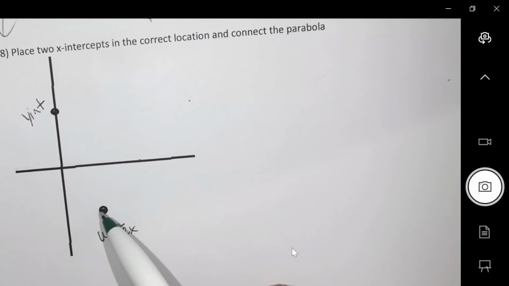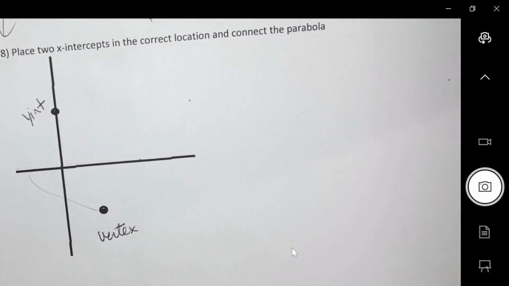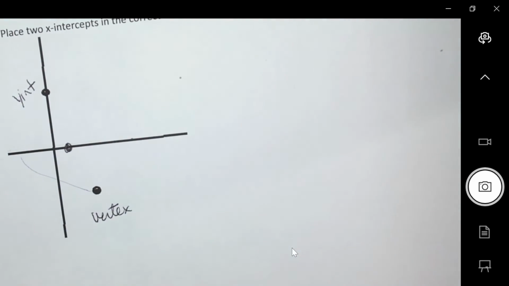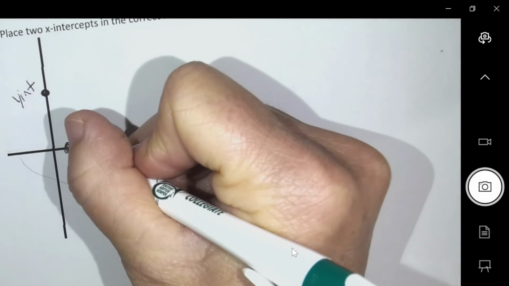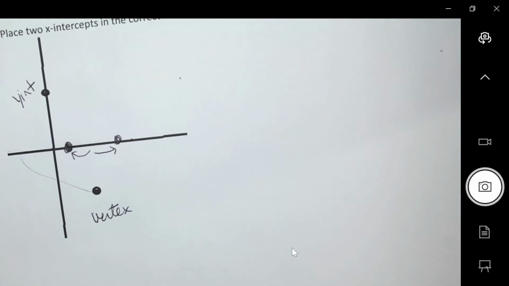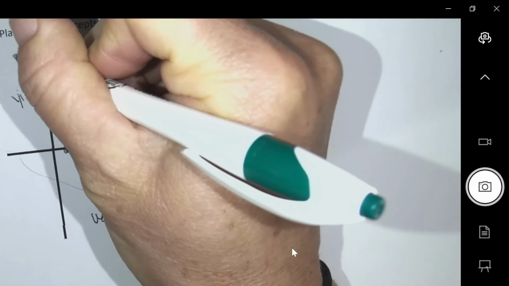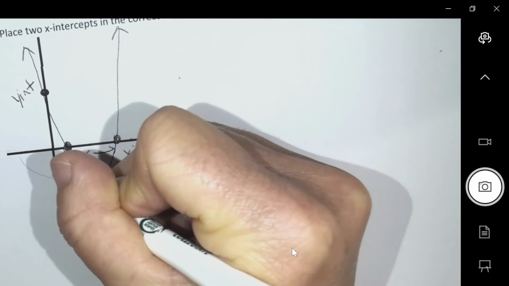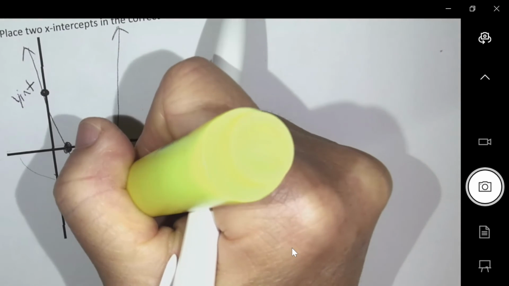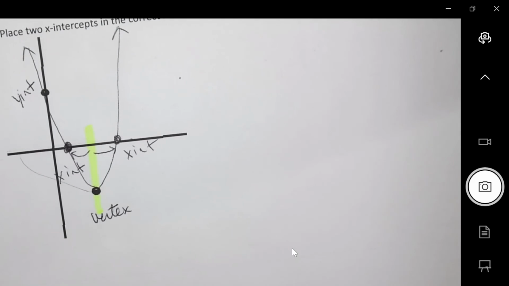Not really, no, because it would have to be right in the middle between the y and the vertex. Yeah, pretty much. Okay, so if I put that there, I have to put the other one at the same distance on the other side. Okay, so again, there's that central part of your vertex. So your x-intercepts are that same distance off of that.